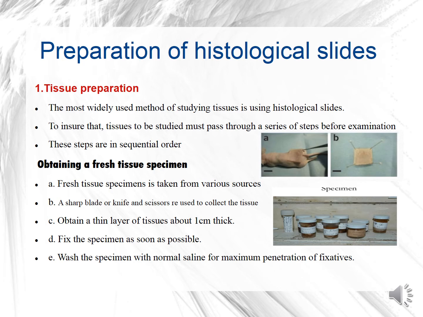A thin layer of tissue about 1 centimeter thick is obtained, depending upon the tissue, suppose it is a liver tissue or a spleen. We can even take a much thinner tissue.